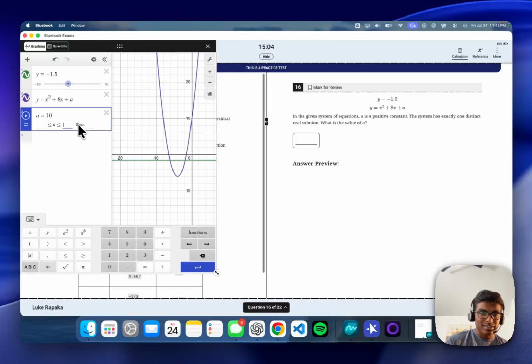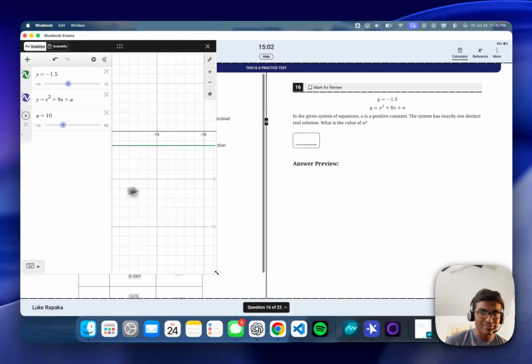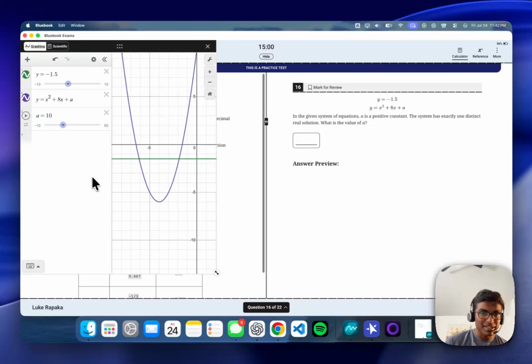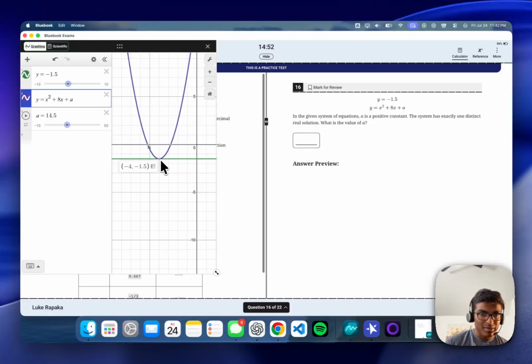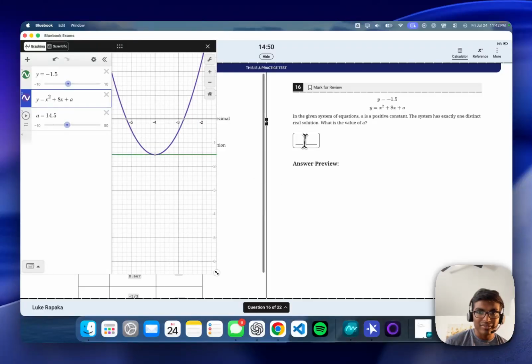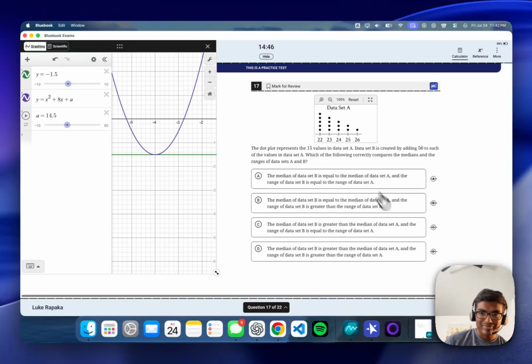It's again just the lazy way of doing it. One solution, that means this parabola touches that line exactly once. 14.5 seems to be it. A is 14.5. Yes, I'm just playing with that. Okay.